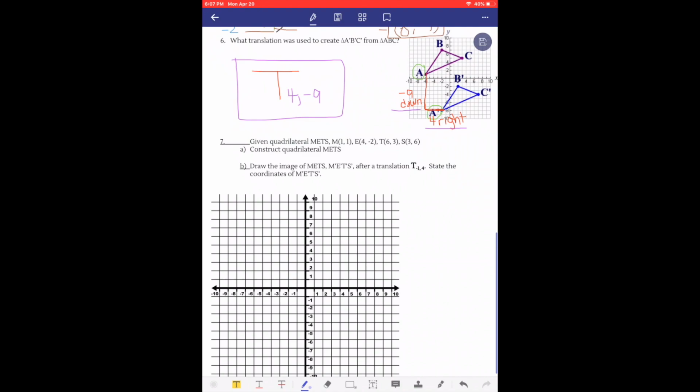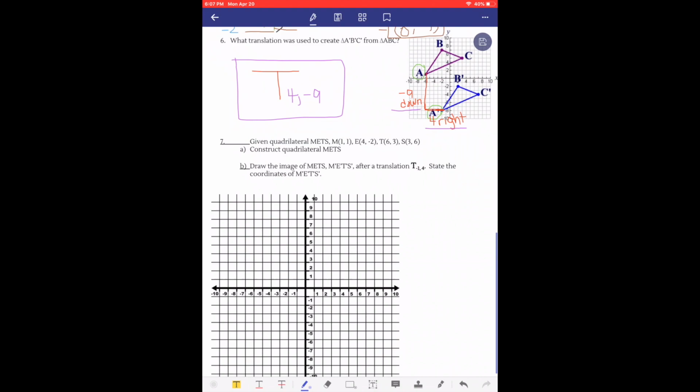And then part B, draw the image of METS, M prime, E prime, T prime, S prime after a translation T, -1, 4. State the coordinates of METS with a prime.